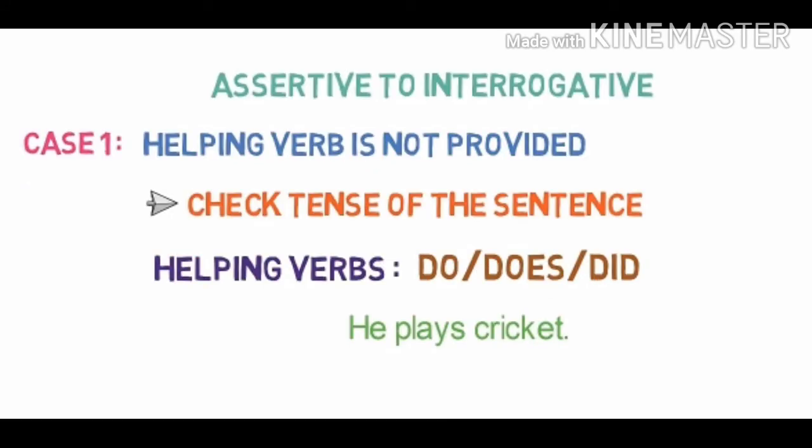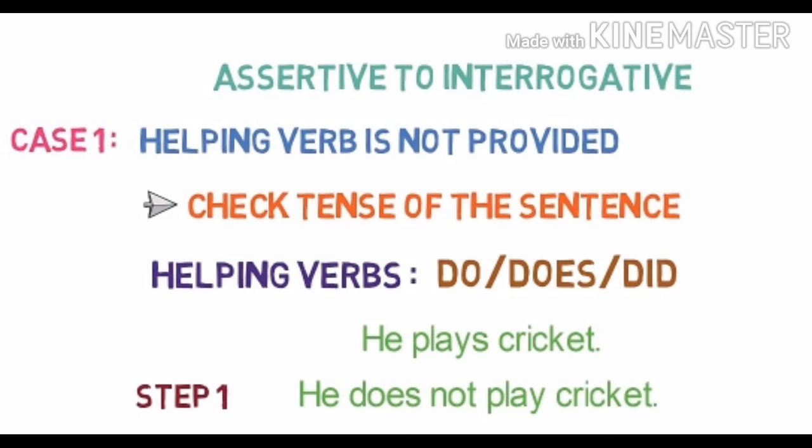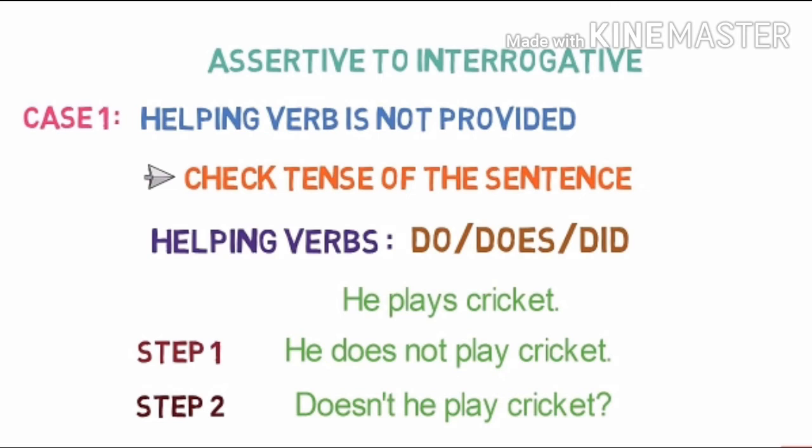He plays cricket. Here the sentence is in simple present tense. So as he is used, we will apply the helping verb does. So the first step will be: he does not play cricket. And after applying step 2, the sentence will be: Doesn't he play cricket? with a question mark. This is the way we have to transform it.